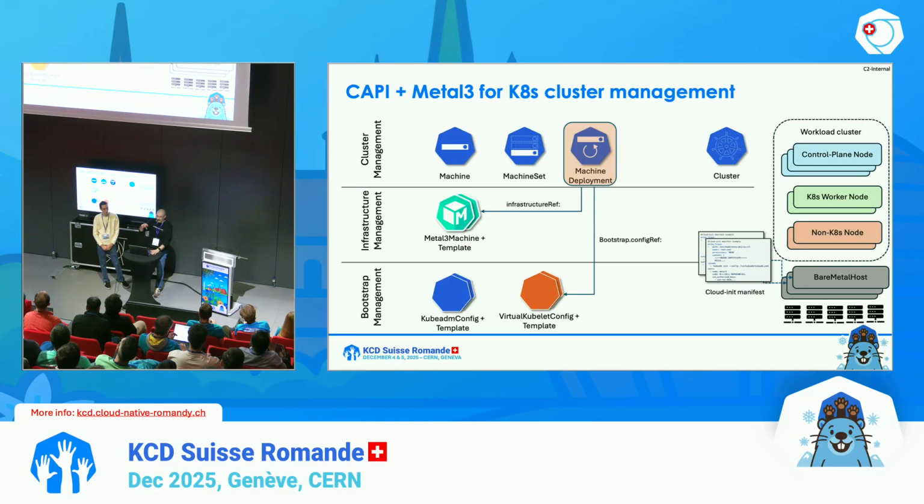So at the level of ClusterAPI, the admin can reuse the machine deployment, but instead of passing the kubeadm config that is used to configure Kubernetes nodes, we can pass a virtual kubelet config where we install the virtual kubelet, and we provide the level of bridging necessary for ClusterAPI to reconcile its resources.